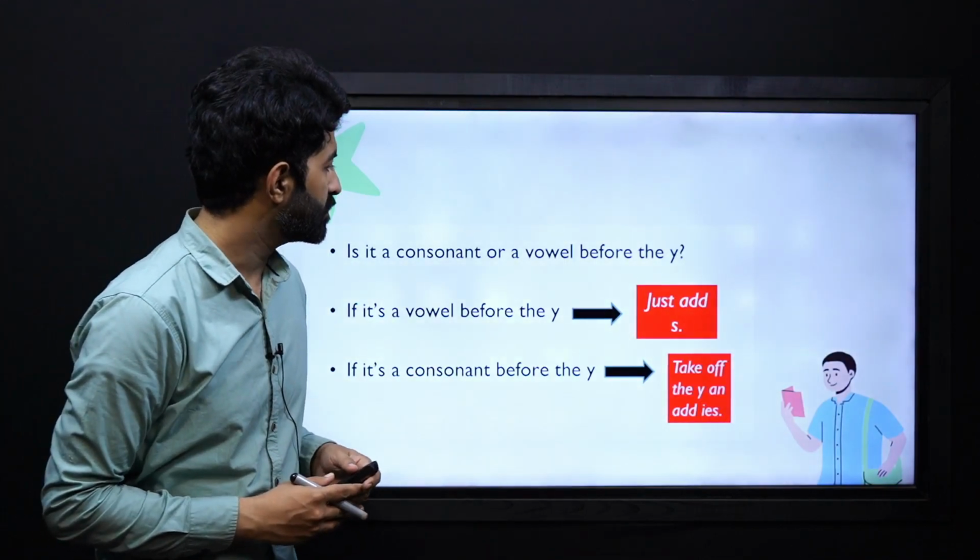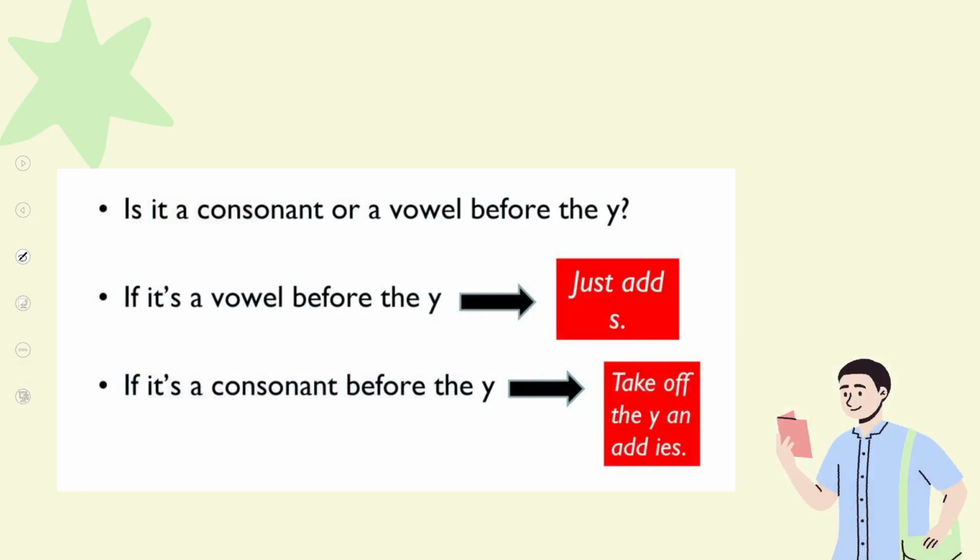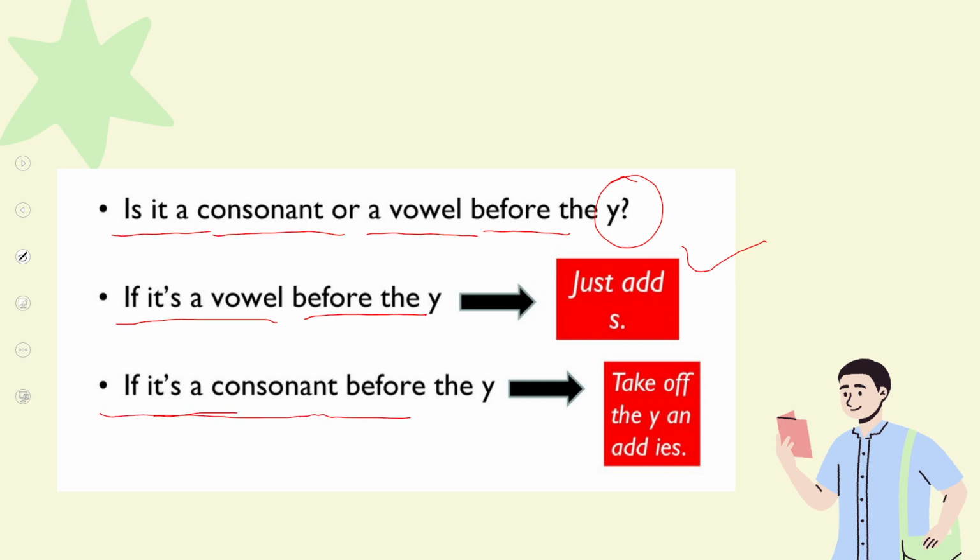Now let's see this one. Is it a consonant or a vowel before the Y? If it's a vowel before the Y, you just add S. My dear learners, we are revising our rules. If it's a consonant before the Y, take off the Y and add IES. It's as simple as that.